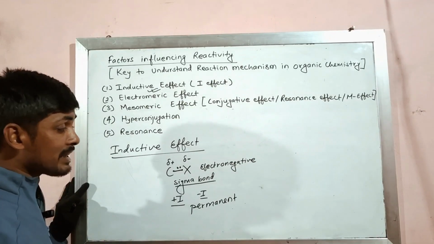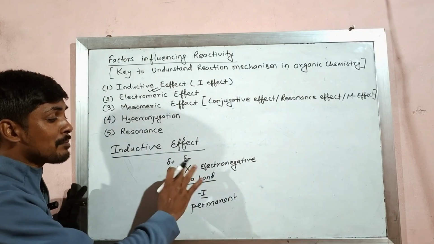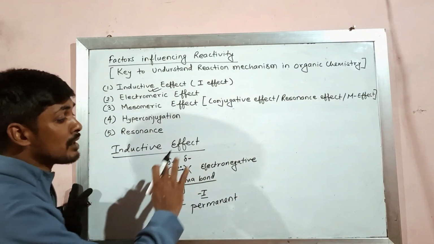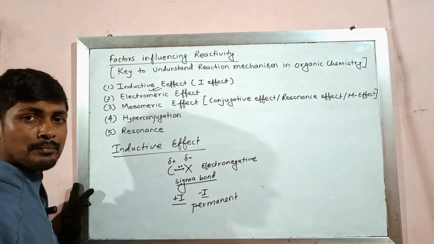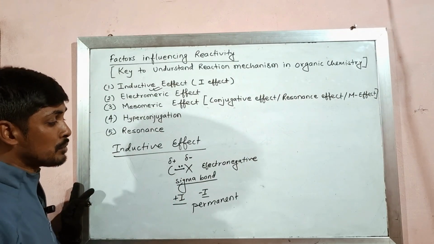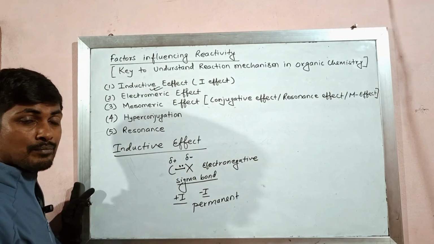So we can define it as the shift of sigma electrons towards the electronegative atom in a sigma bond, which causes permanent polarization.